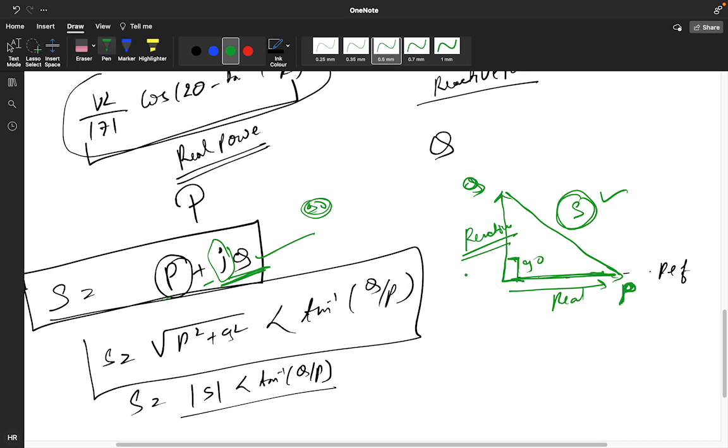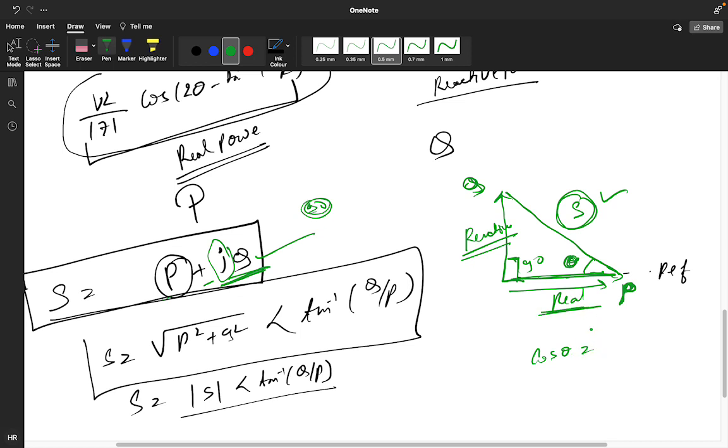Suppose this is your theta. What is the value of cos theta we are getting? Cos theta is base by hypotenuse.